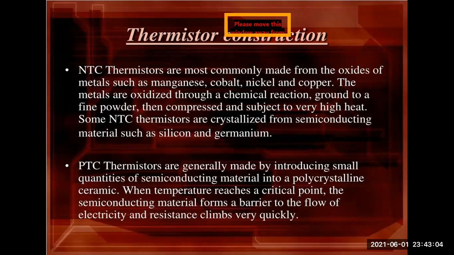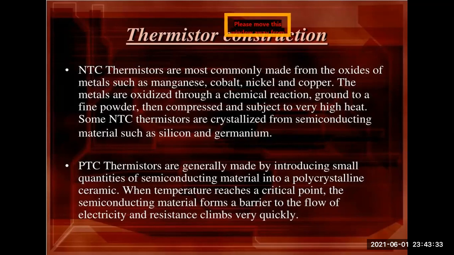You can see that the negative temperature coefficient thermistors are crystallized from semiconducting materials such as silicon and germanium, whereas the positive temperature coefficient comes under the category of polycrystalline ceramic. So there's a basic difference in the classification of thermistors, whether negative temperature coefficient or positive temperature coefficient.